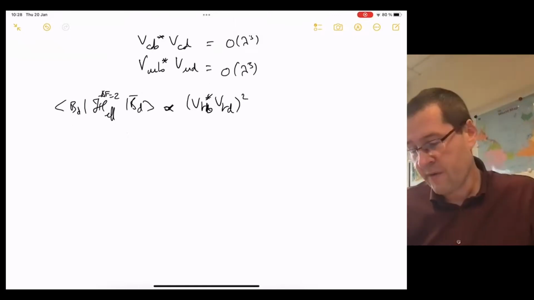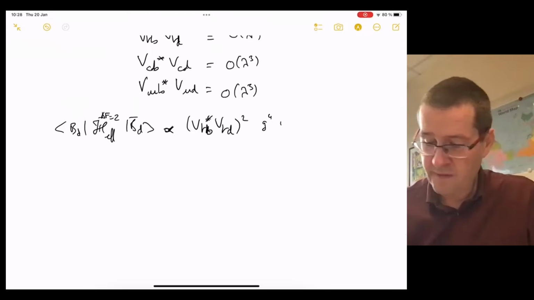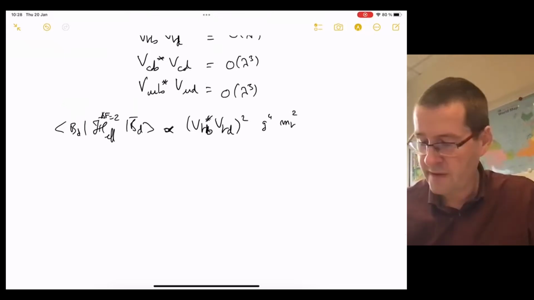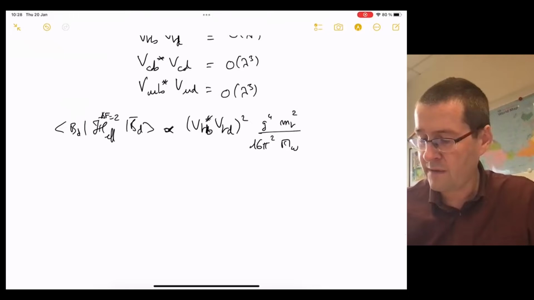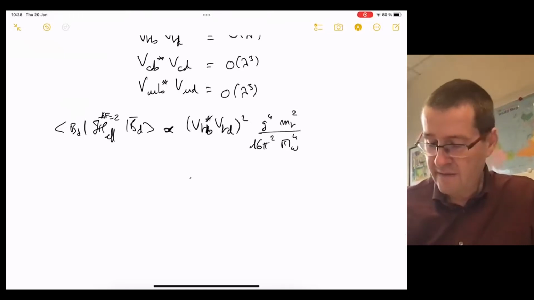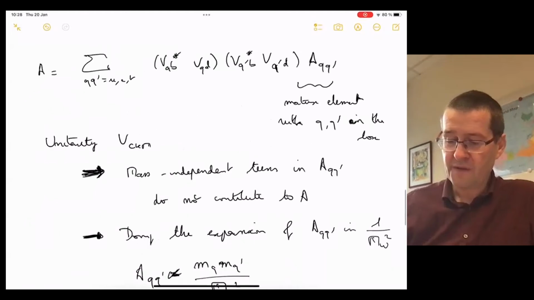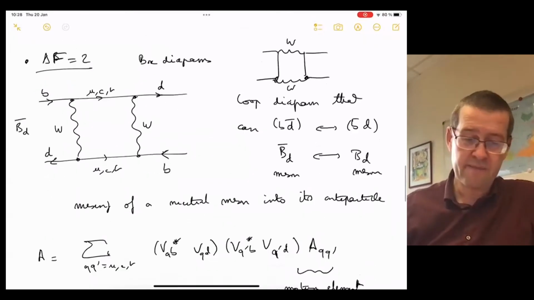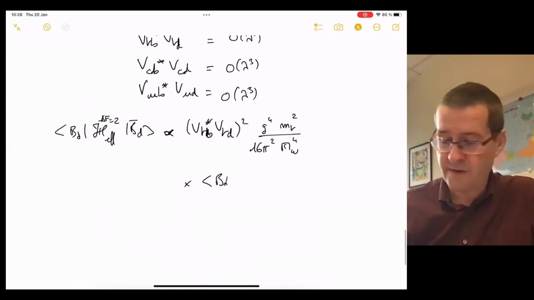And then the answer that you would get would be something that involves the square of the product of V_tb and V_td. Then you would have something reminding you of the discussion we had concerning the masses. And then you have the actual external states that you had here, giving you the operator that you have to consider. And in this case, it's very simple.